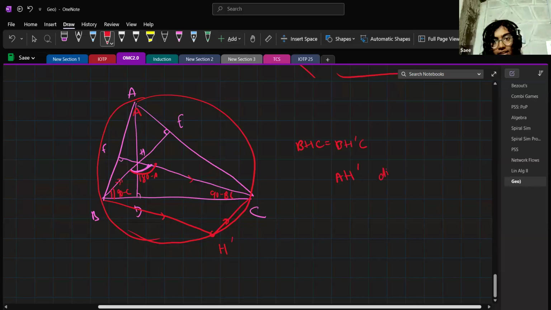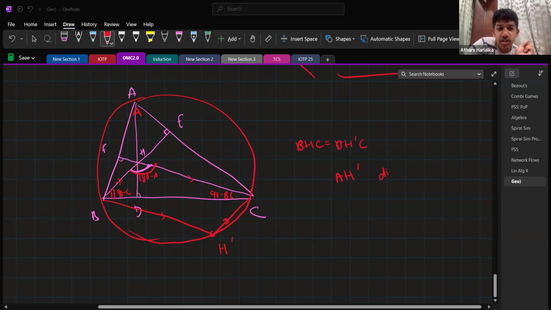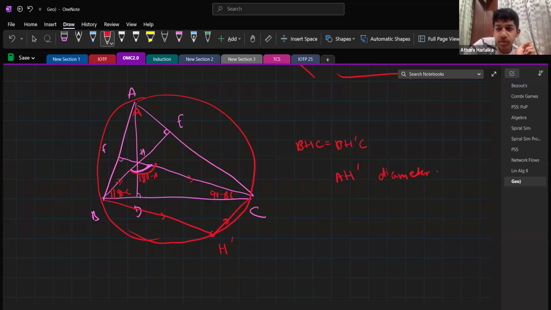Yes, AH' has to be the diameter. Somebody who is not Sanskar or Riyansh or people who have been speaking up, somebody who has not spoken up can maybe help me understand why. Together, H'BC is 90 minus B because it's a parallelogram, and ABC is B. So ABH' is 90.